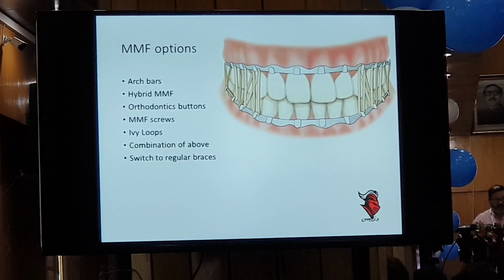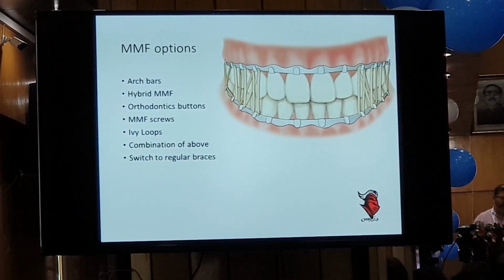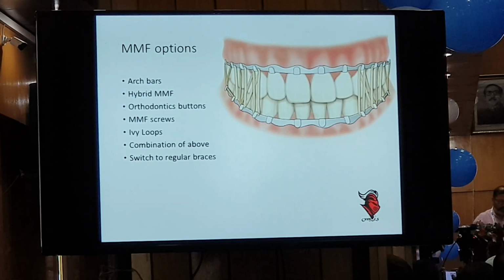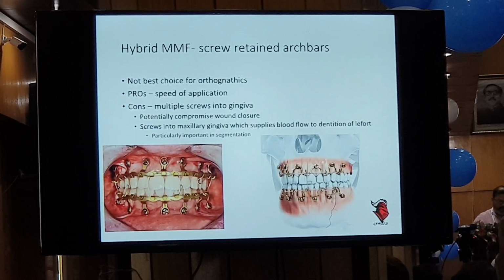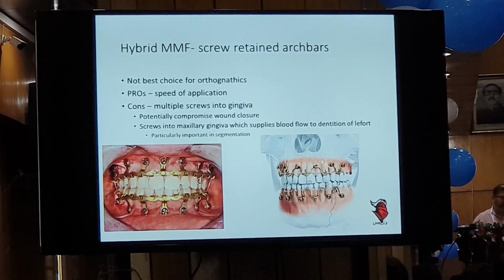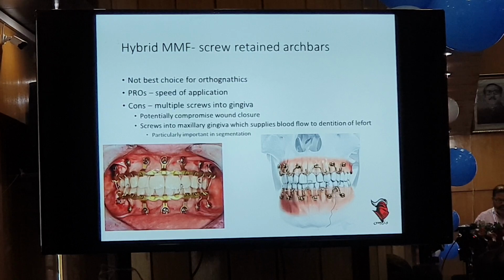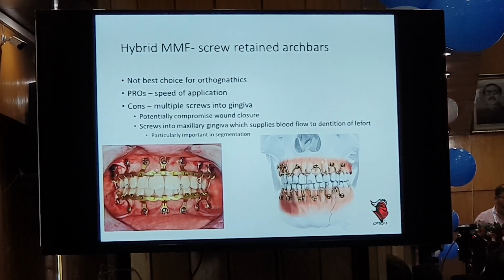Now, because you don't have braces, what are your options for MMF? There are a few. Put arch bars on, orthodontic buttons on, you can do MMF screws. Hybrid MMF is something that is starting to gain popularity in the States. It's basically screw-retained arch bars as opposed to using wires.